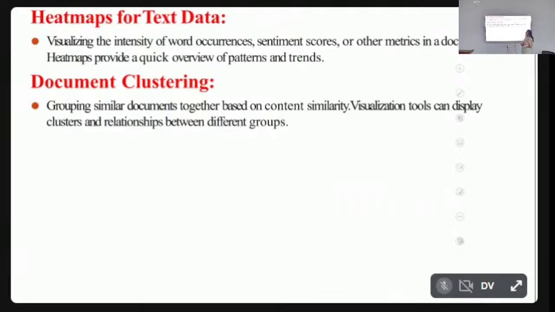Under that, write down visualizing the intensity of a word. Visualize the intensity of a word: occurrence, how many times a word is occurring.